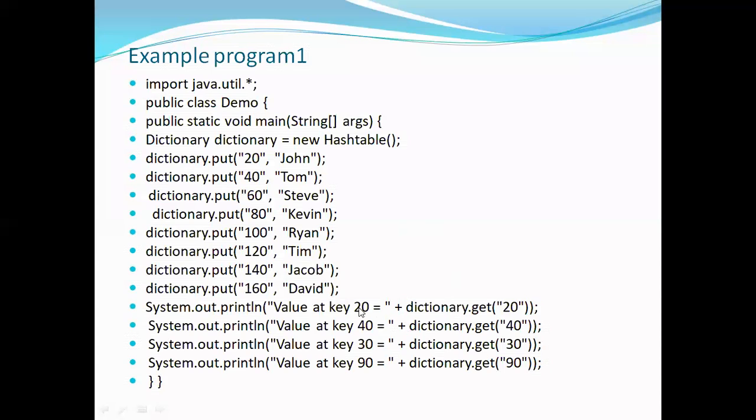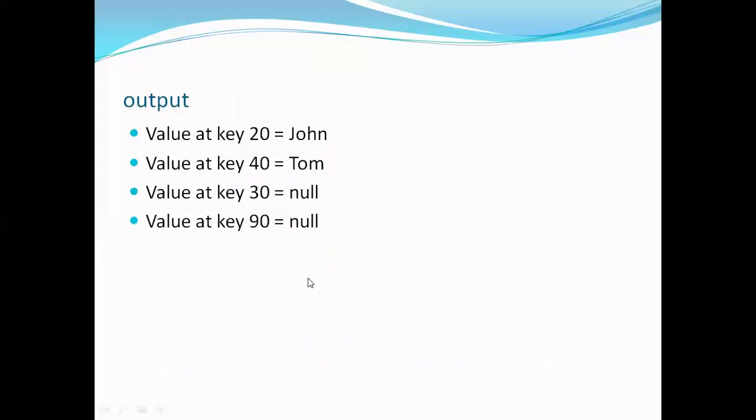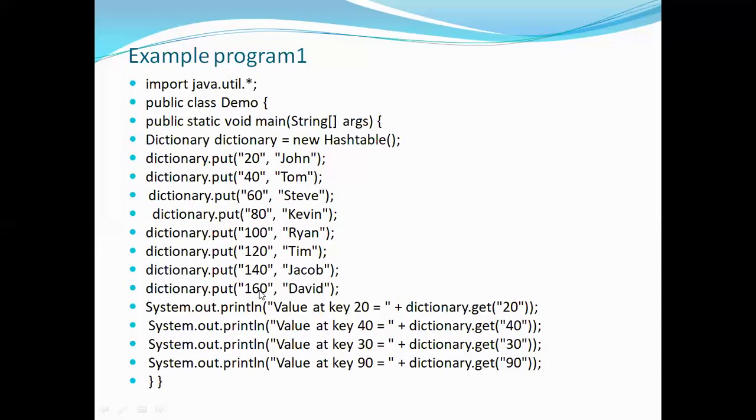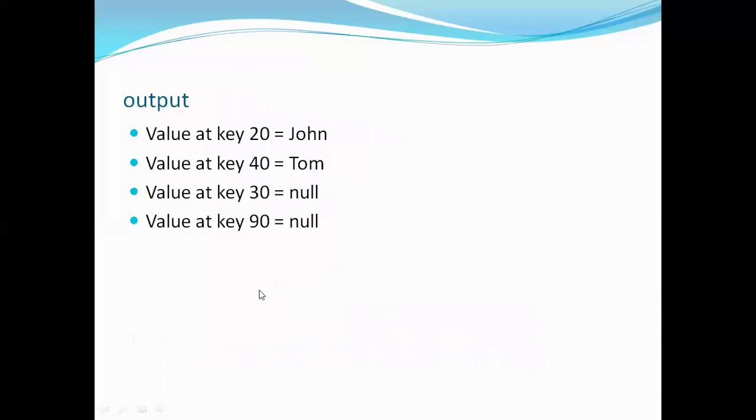I just want to see what is there at the 20th key location, so I use the get method. Similarly at 40, 30 and 90. So 20 is John, 40 is Tom, 30 is not there so you'll get null, and 90 is also null. 20 and 40 are there, 30 and 90 are not there in the dictionary. That's why it returned null. That's a speciality of the method.